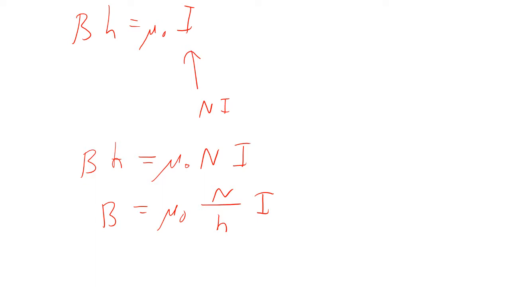And so your book would then rewrite that. The book rewrites that and says the magnetic field in a solenoid is equal to mu naught n over L times I, where L is now the length of the solenoid. N is the number of turns of the solenoid, L is the length. Now, assuming the solenoid is a symmetric sort of winding and all the turns are equally spaced, that ratio N over L is the same no matter how long the solenoid is.